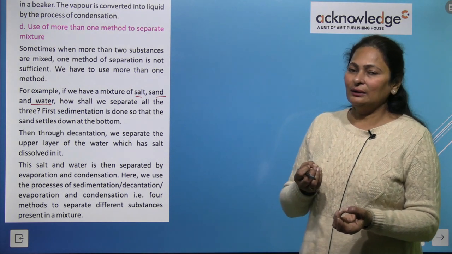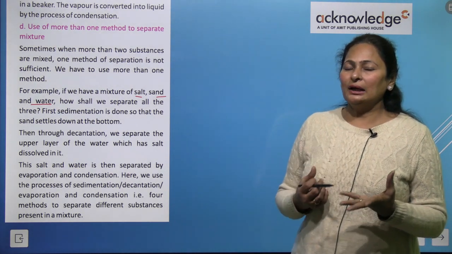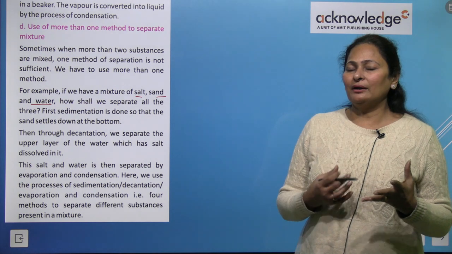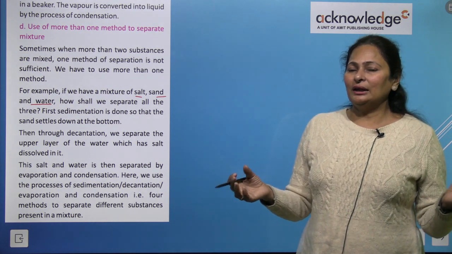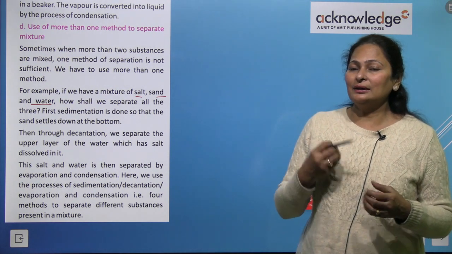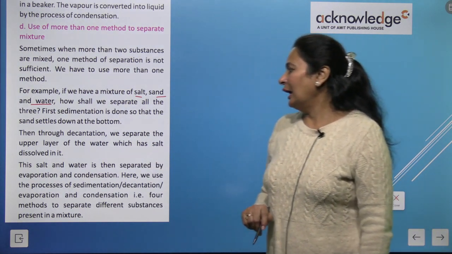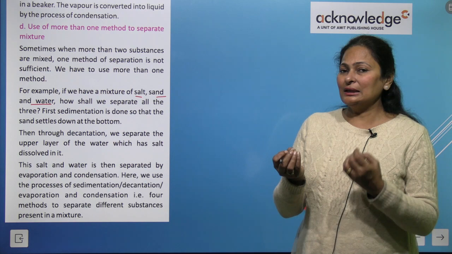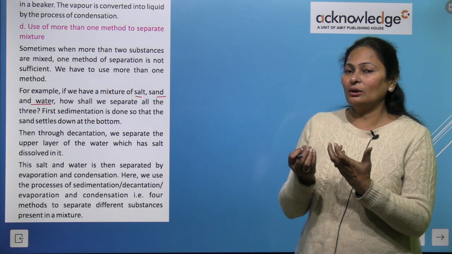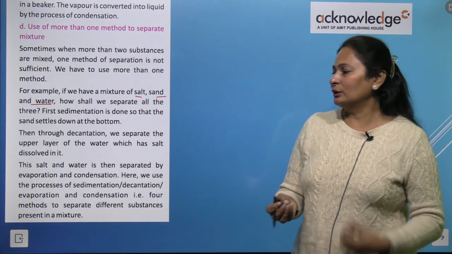First we let the water settle down for some time. With sedimentation and the method of decantation, we can separate the sediments from the liquid. Now the water is left, but the salt is already dissolved in the water.